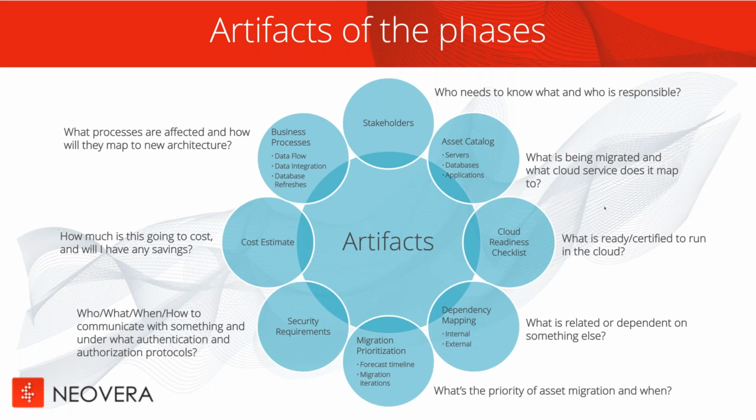So if you go through all those four phases, you document all what you need to document. These are some of the artifacts that we find are the most common outputs of that process. So you document your stakeholders. You need to know who's going to be responsible for what. You need to know who needs to know what's actually migrating.